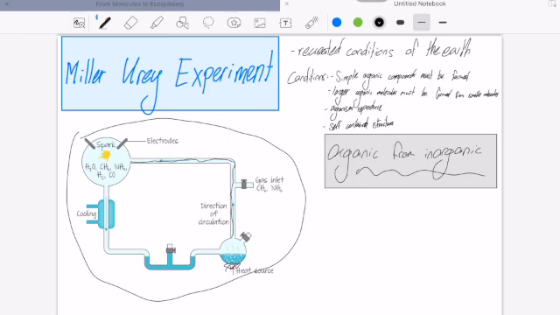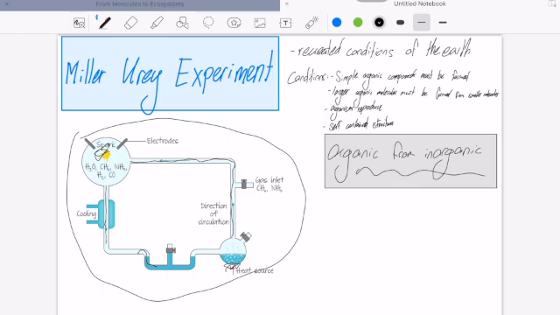This combines with different gases like water, methane, ammonia, and hydrogen, and sparks are fired between electrodes to simulate lightning. Then this gas will move down the cooling condenser and turn back into liquid, which will drip down into this trap here, where organic molecules produced in the reactions will also settle.